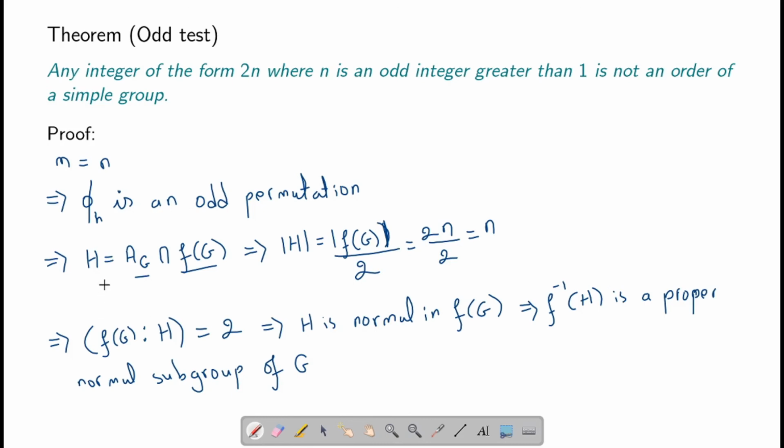So H is a subgroup of F(G) with n elements, and that tells me that the index of H is 2, which means that H is normal in F(G), and hence G has a proper normal subgroup, which means that G is not a simple group.